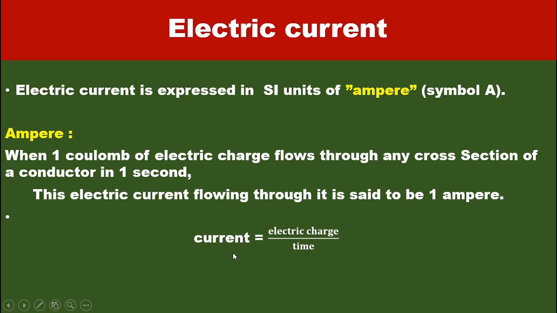In SI units, current is represented by ampere. So 1 ampere equals the electric charge, 1 coulomb, divided by time, 1 second. Again, the ampere can also be expressed as coulomb per second.